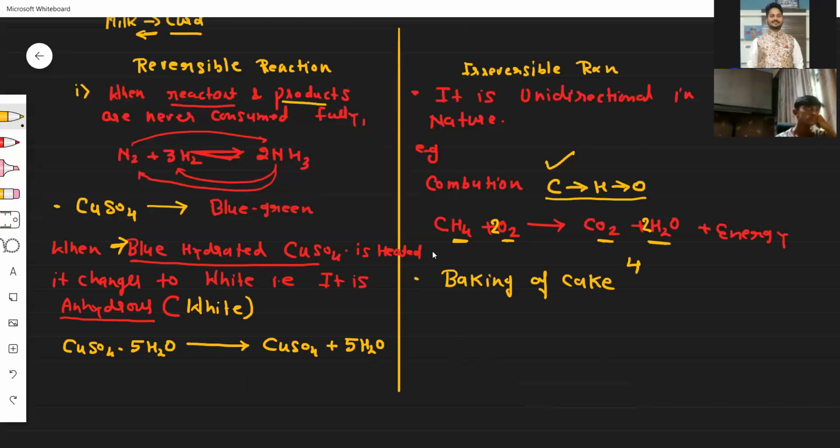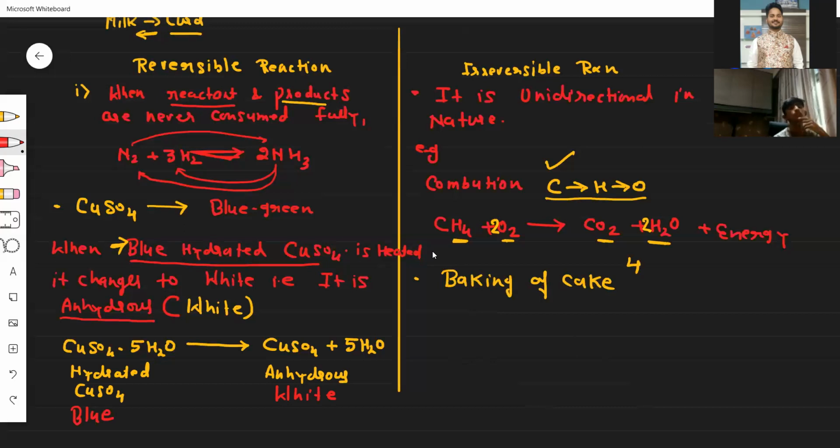So when I talk about whether it is reversible or irreversible, it is reversible, because this is the hydrated CuSO4, that is copper sulfate, and this is anhydrous, that is moisture free, and the color of this compound is white, and the hydrated one has a blue color. So I can just do the reverse.